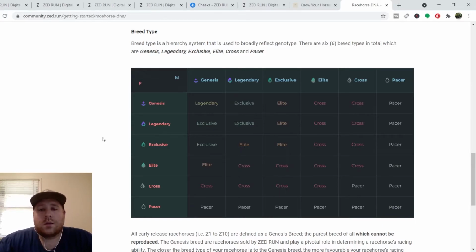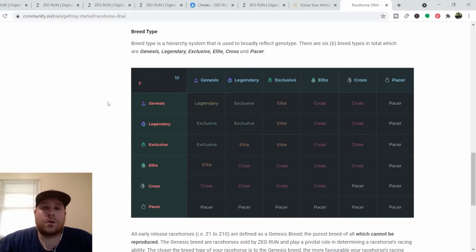At the end of the day, the thing that matters most for horse value is racing performance. So I've seen some elite Buterins sell for 3, 4, 5 ETH because they're very good racehorses. Now, how all that breaks down in racing performance, we don't know yet. Right now, the majority of the most dominant racehorses are the Genesis horses.